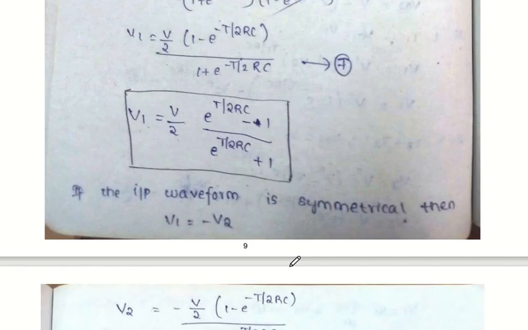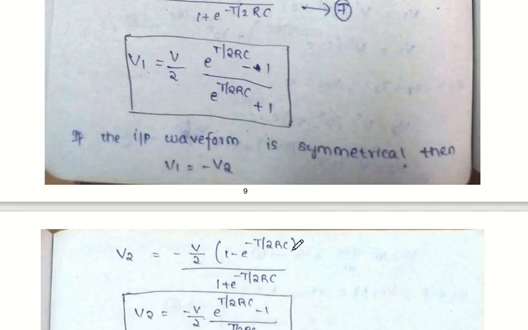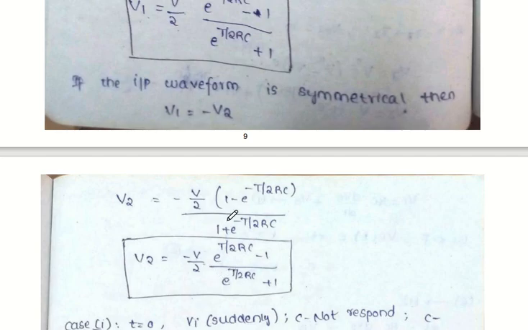If the input waveform is symmetrical, we know that V1 is equal to minus V2. Therefore, V2 is equal to minus V by 2 into 1 minus e power minus T by 2 RC whole by 1 plus e power minus T by 2 RC, or V2 is equal to minus V by 2 into, taking e power minus T by 2 RC as common, e power T by 2 RC minus 1 by e power T by 2 RC plus 1.